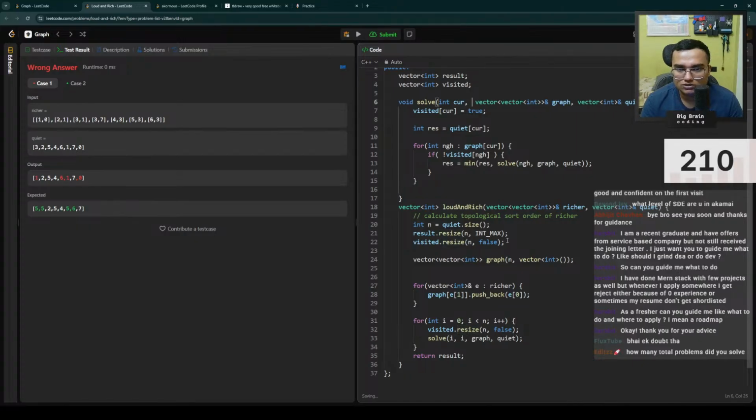Let's call this root. Root remains same. Oh, sorry.